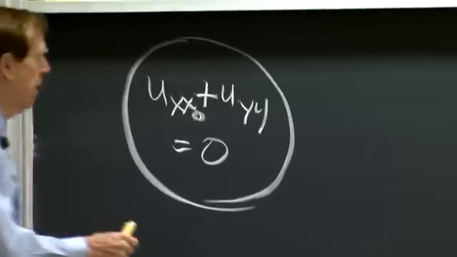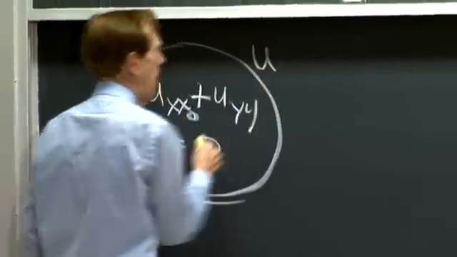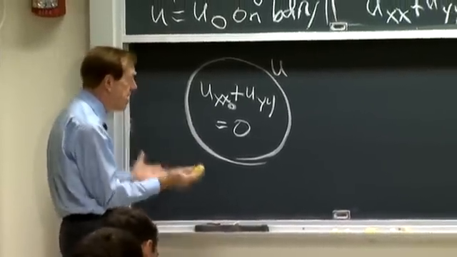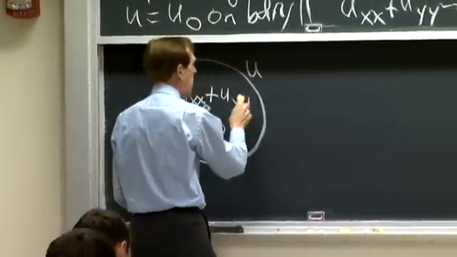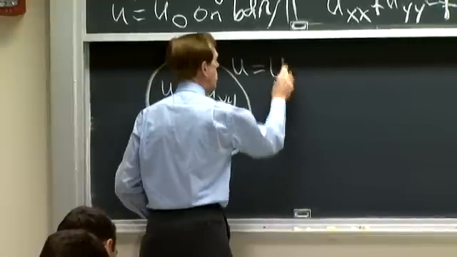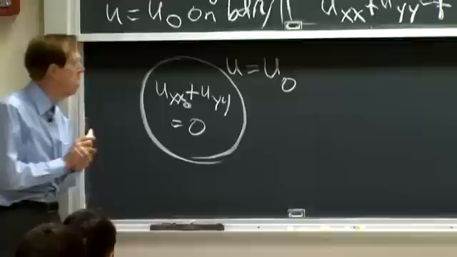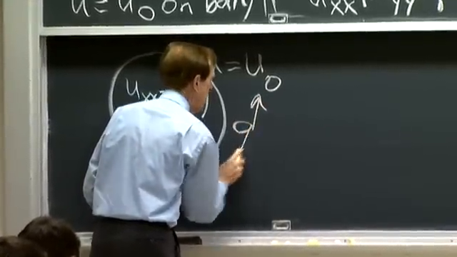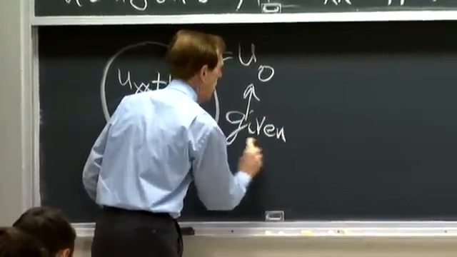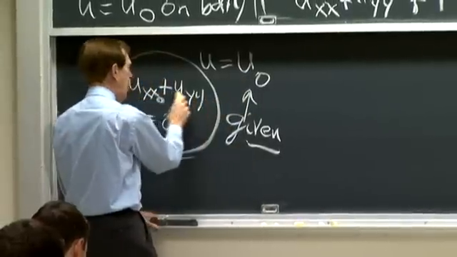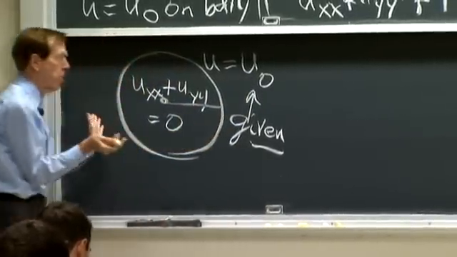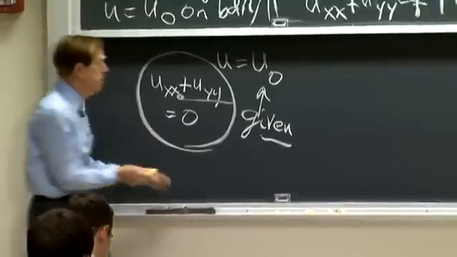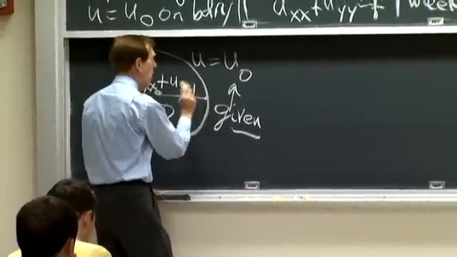So we have to have sources from somewhere, and they will come from the boundary. So on the boundary, let me think of u as temperature for the moment. So I set the temperature on the boundary: u equals some u0, some known function. This is given. This is the boundary condition. And it's a function of, I'm going to use polar coordinates. Polar coordinates are natural for a circle. So this is at r equal 1.